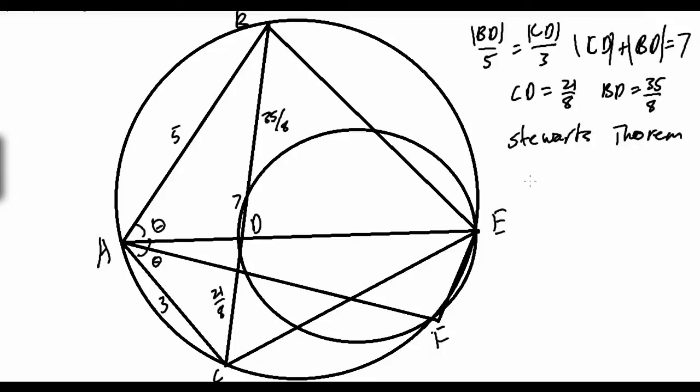I can't explain it right now because it takes a long time, but if you go watch our videos on Stewart's Theorem, you find that AD equals, I think, 15 over 8.